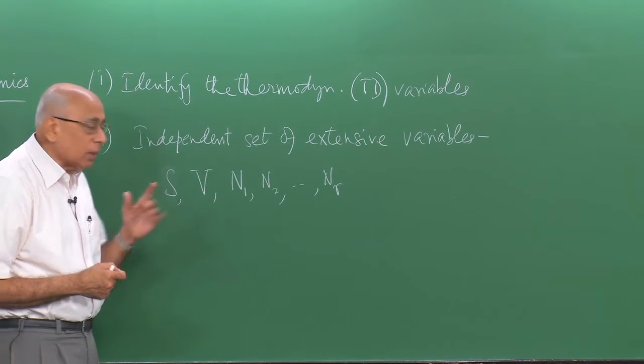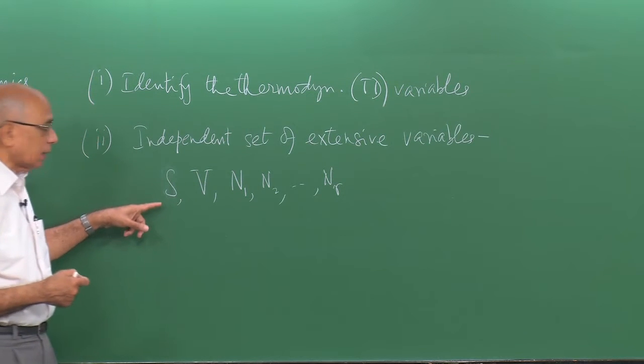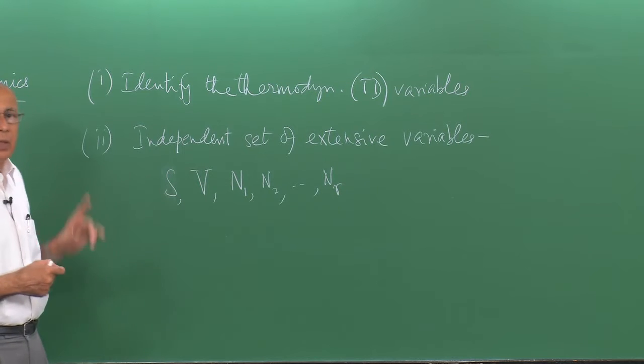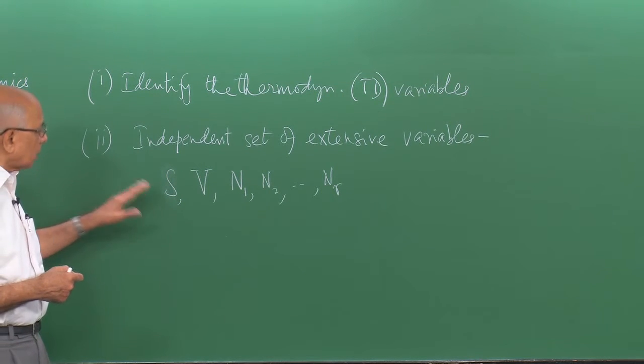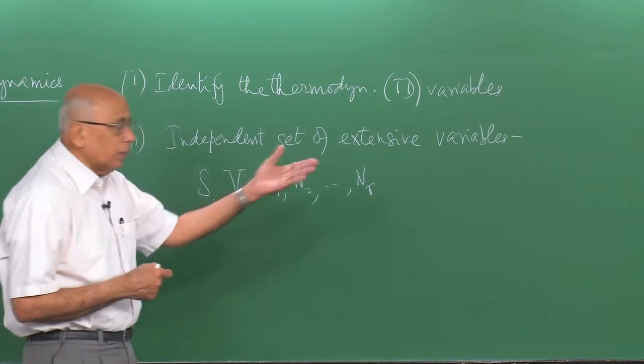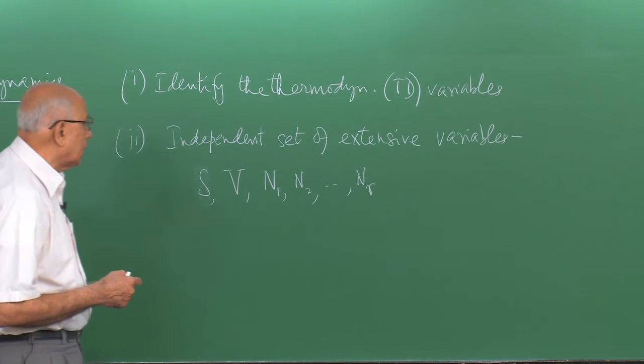I now list all the microstates and take the log, and that is essentially the entropy of the system. In loose terms it is the measure of the disorder in the system, but it has got a precise definition, and we will see what it is in certain explicit cases.